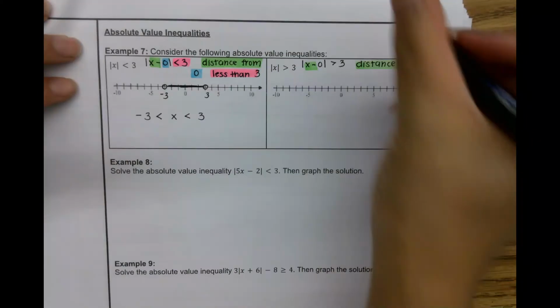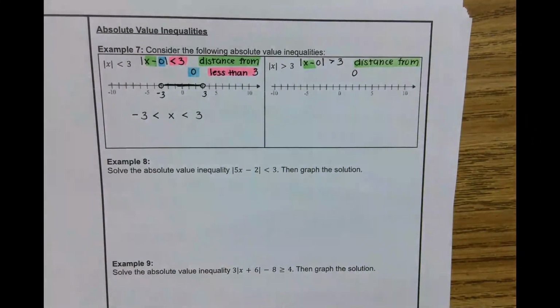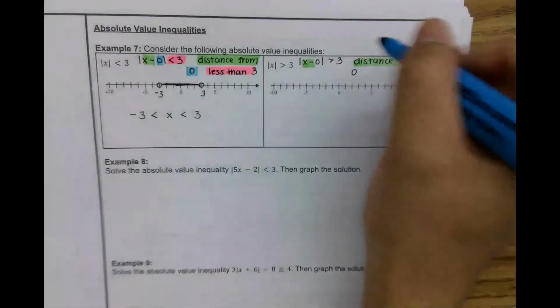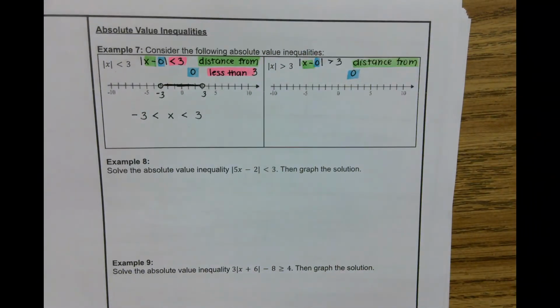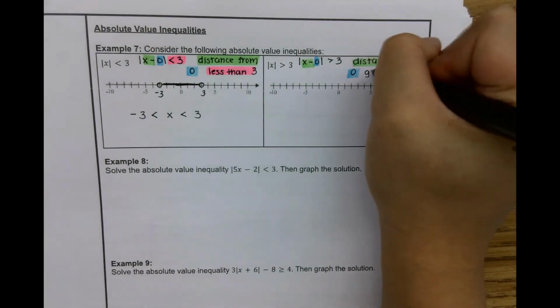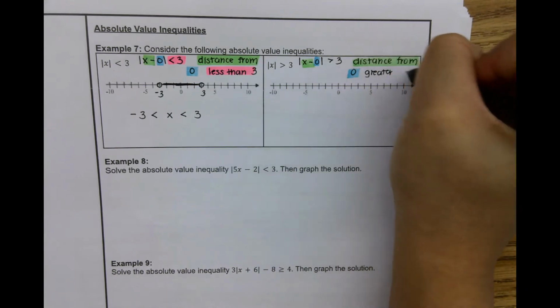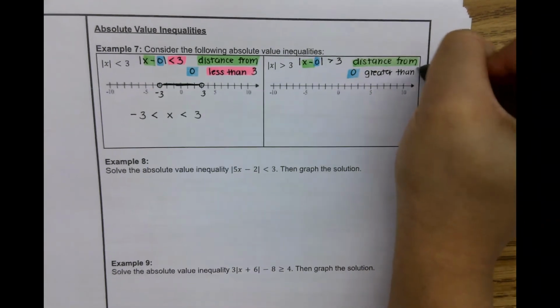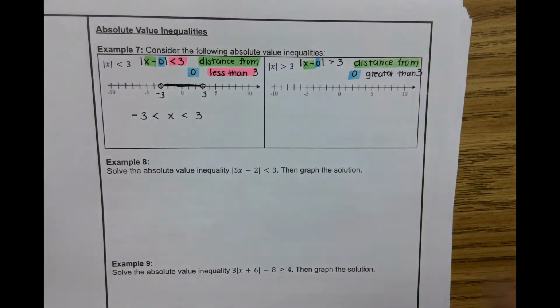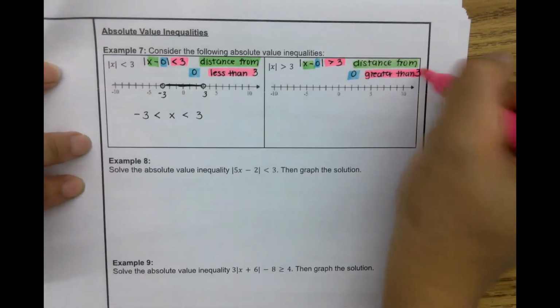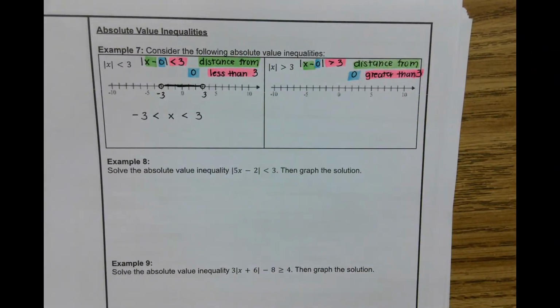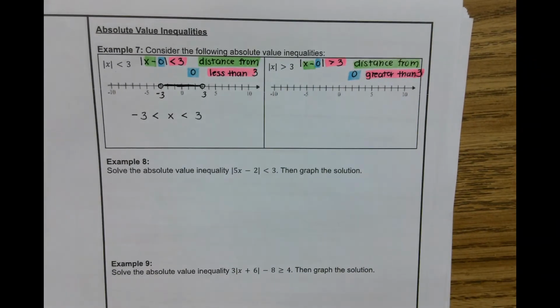The distance from 0. And this time, we're talking about the distance from 0 that is greater than 3. So what x values, what numbers have a distance that is greater than 3?